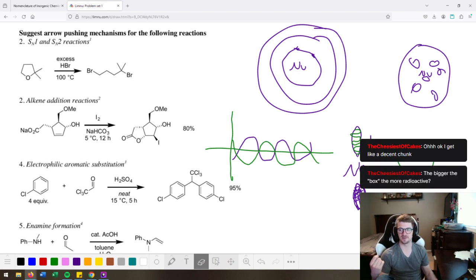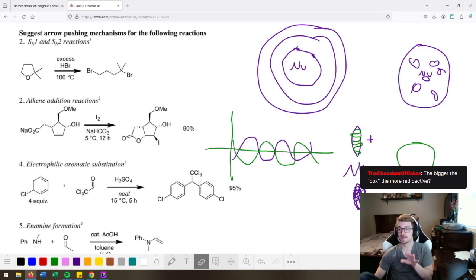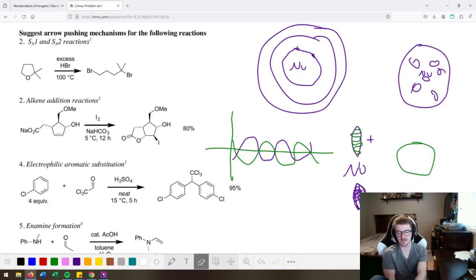It's a bit of a, the bigger, no. It's not a case that the bigger the box, the more radioactive. Because radioactivity has to do exclusively with the stability of the nucleus, and that has to do with the proportion of protons and neutrons in a nucleus.